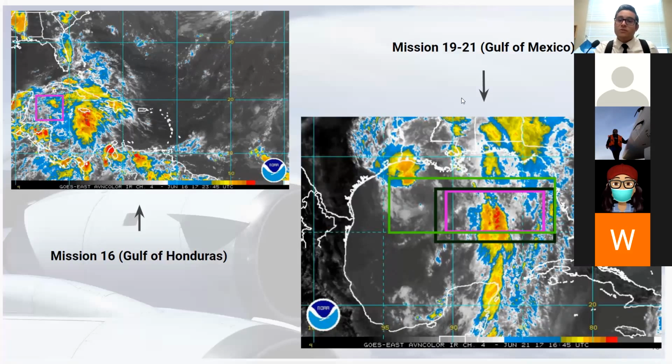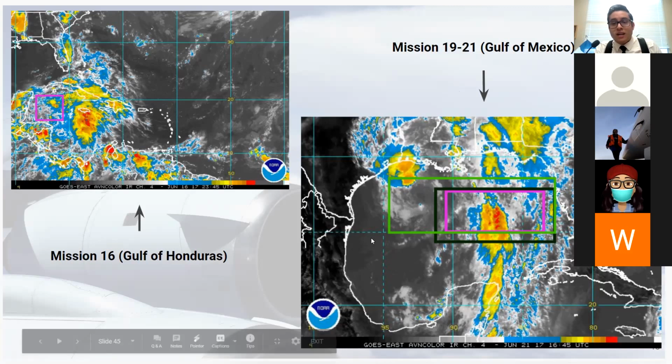Missions 19 to 21 are Cindy as it moved into the Gulf of Mexico. The satellite image that we have here corresponds to June 21st, which is the bright green experimental box that we see here. And as we see here, this is the circulation center of Cindy, and this long thing is actually the moisture flux of Cindy.